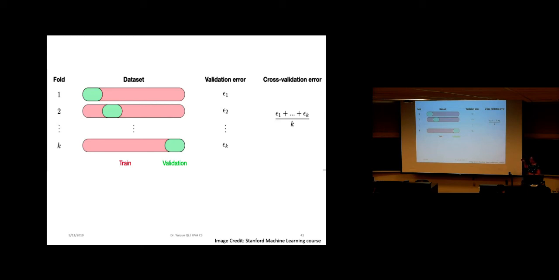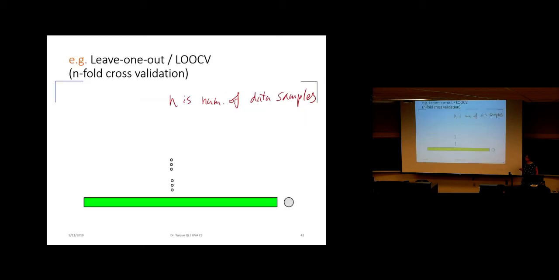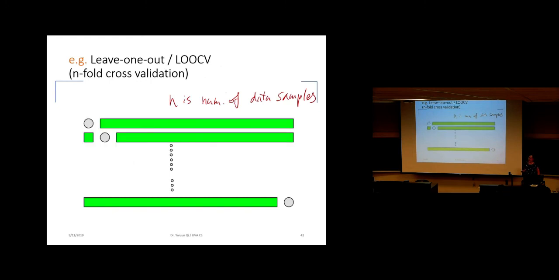So this is on that validation or test fold, and then you sum over the folds, over k. This is your k-fold. This is the one you report, the cross-validation error. And there's an extreme case called leave-1-out. Leave-1-out means every data sample is a fold. In total, you have n folds.